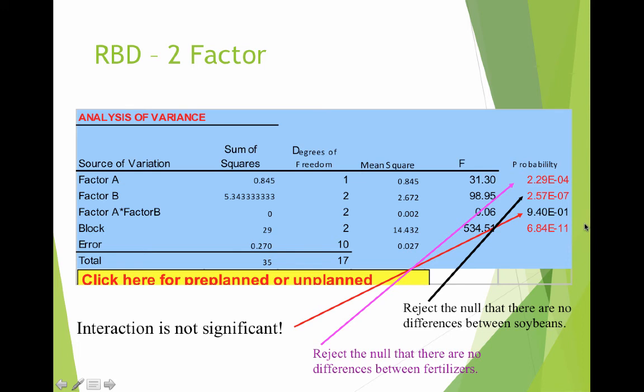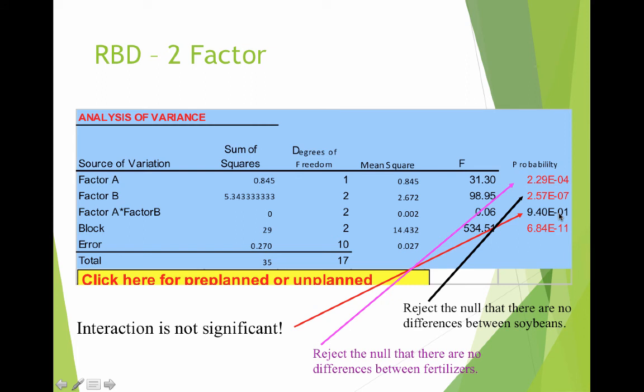We'll start down here at the bottom: since the block probability or p-value is less than 0.05, we know that the block was significant and we had different performance levels within our treatment groups based on where it was positioned in the field in the soil gradient.